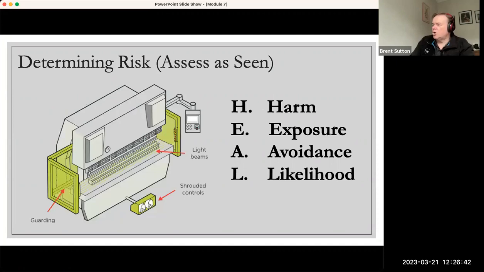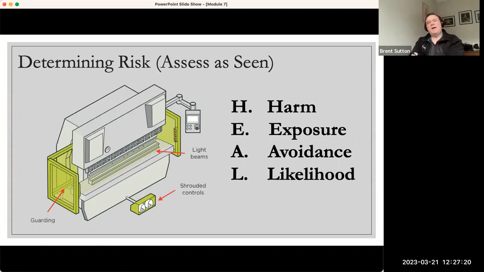If I was to take a slightly more complex one here with a press brake, we now have a combination of guards, controls, and the light beam. So once again, if we looked at access to the rear of that machine, that guarding does not change harm. If we look around the front of the machine, when a person is feeding in some material, the light beam is activated when the controls, the foot pedals, are pressed.